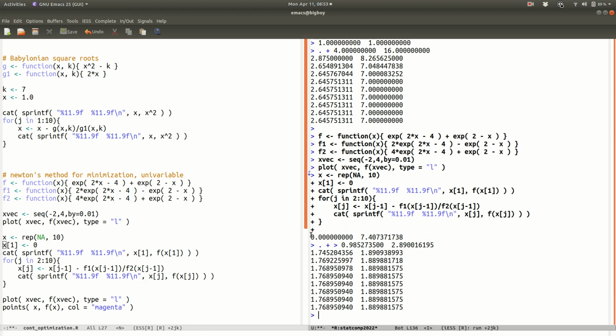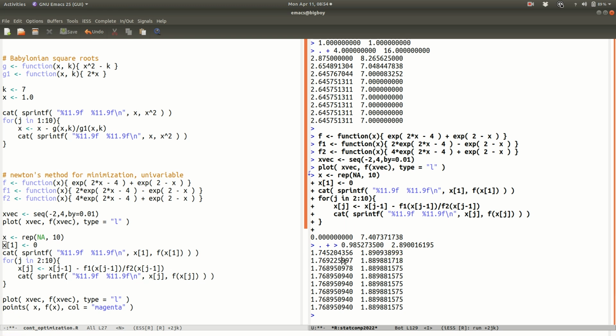So here's our starting value of 0. Here's the value of f of 0. Our next guess is 0.98. This is good because the value of f went down. Our next guess is 1.74. It went down even further. And then we start to get really close to the answer.